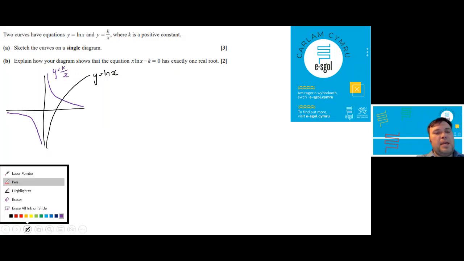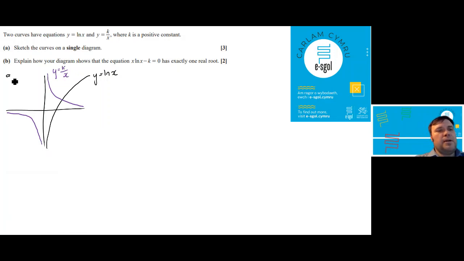And then part B. Explain how your diagram shows the equation x ln x minus k equals 0 has exactly 1 real root. Well, this is showing that the 1 real root is a combination of the 2 above.